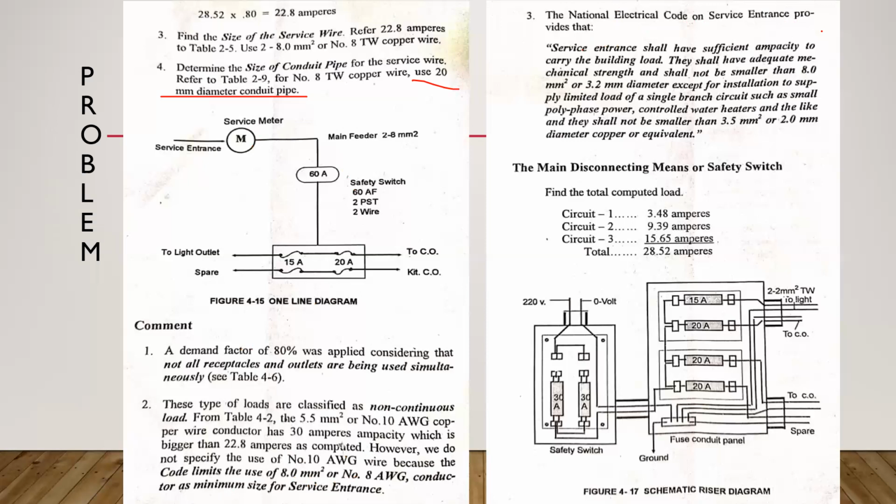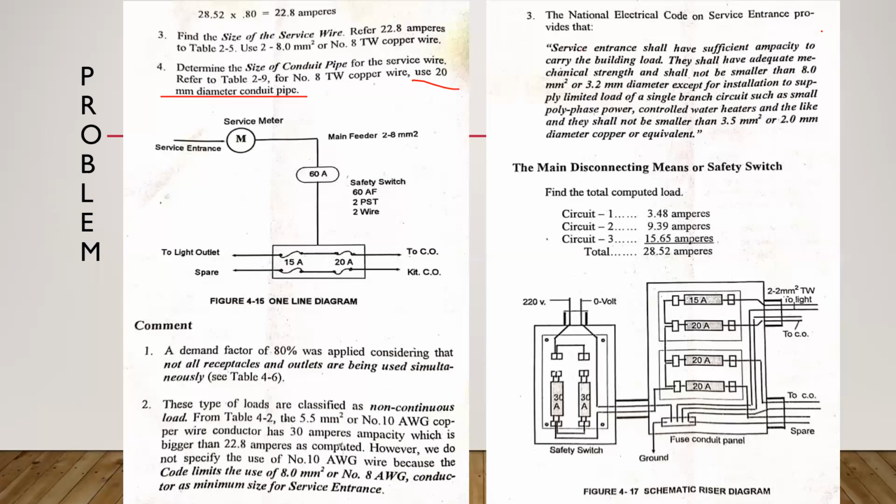They shall have an adequate mechanical strength and shall not be smaller than 8.0 mm or 3.2 mm diameter, except for installation to supply limited loads of a single branch circuit, such as small polyphase power, controlled water heaters, and like, and they shall not be smaller than 3.5 mm or 2.0 mm diameter, copper or equivalent. Or para mas safe, gamitin na talaga natin yung minimum na 8.0 mm or number 8 na conductor wire.